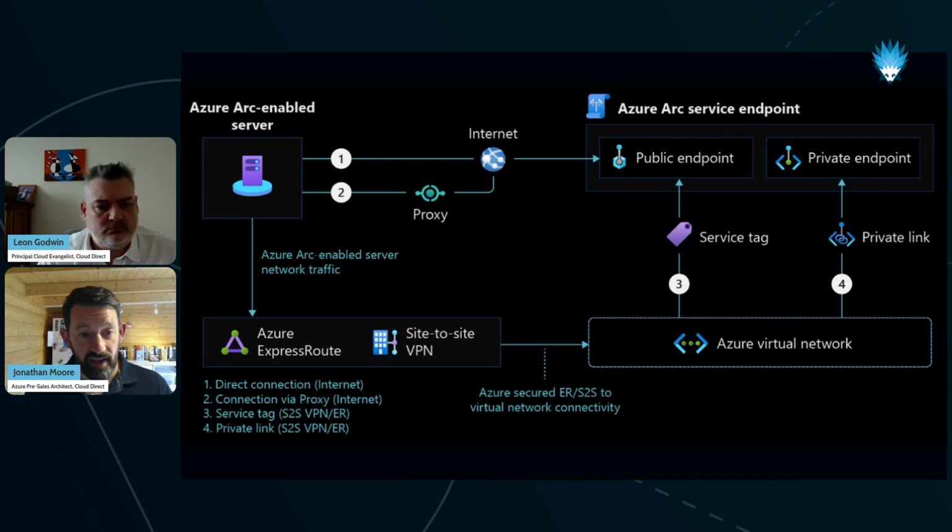Direct connection over the internet is one, or via a proxy. So within something like a VMware environment, you'll have an Azure Arc bridge, a gateway, if you like, that will sit there and will allow communication between the servers that are on site and that bridge, and then that bridge will report back into Azure and get the information that it needs to be able to deliver things like different agents and different information.